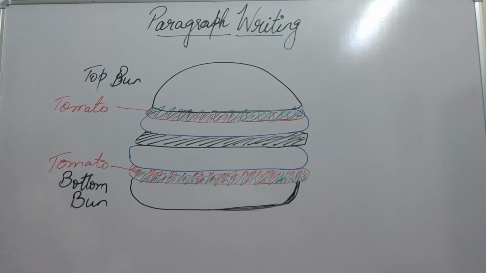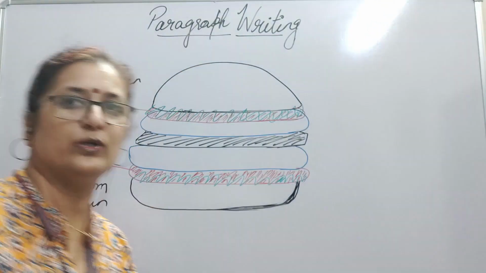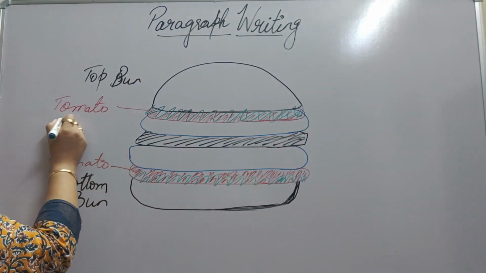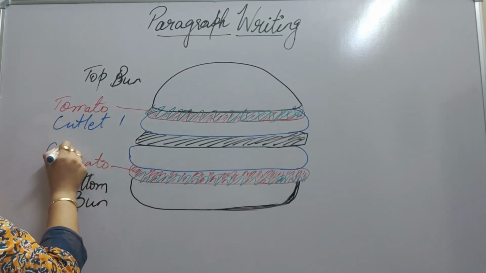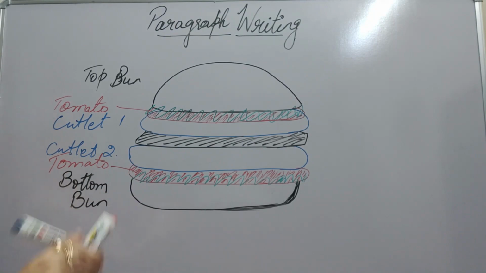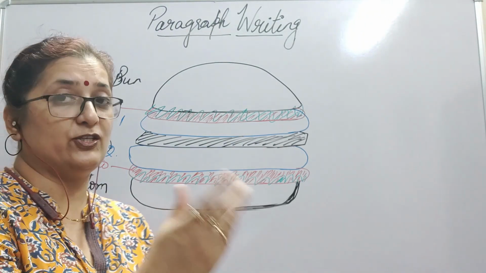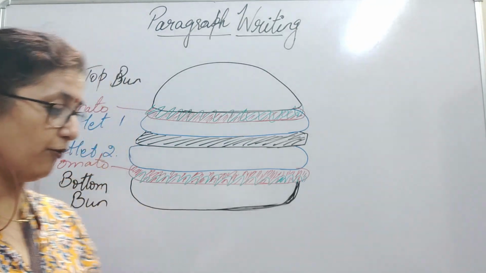Furthermore, we have some kind of a cutlet in between or some kind of a patty, whatever you call it. Let me call it cutlet 1, and this is cutlet 2. Well, it's a patty, kind of a flat layer of maybe vegetables or any kind of stuff that you want your burger to be made of.